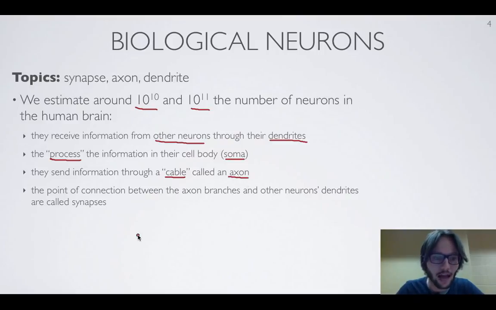And then this axon is going to be connected with other neurons' dendrites, and the point of connection between a neuron's axon and the branches out of its axon and the other neuron's dendrites is going to be called the synapse. That's the point of connection where an axon reaches some other neuron's dendrites.